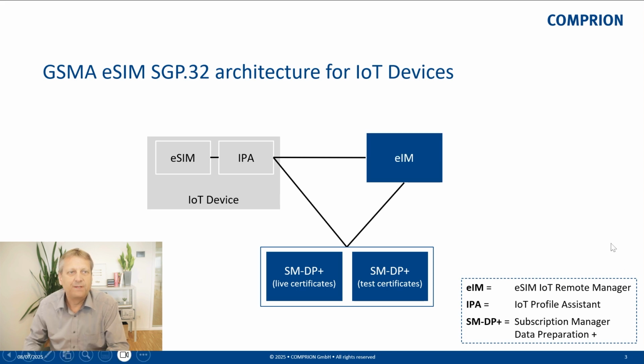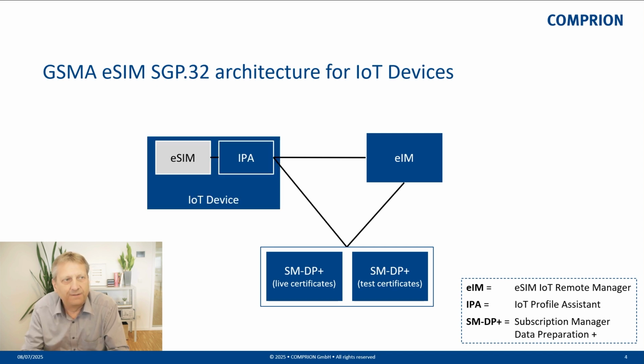Secondly, the eIM. Also the eIM is an element which we can emulate, and we cover this with our products. Thirdly, it's about the IoT device. So we can emulate the device and certain device functions which are relevant in particular for connecting to the eSIM and hosting the IPA and conducting the IPA functionality and the profile download functionality.